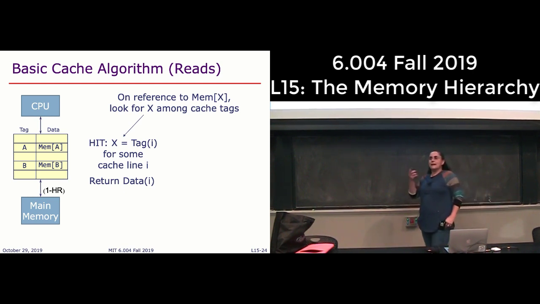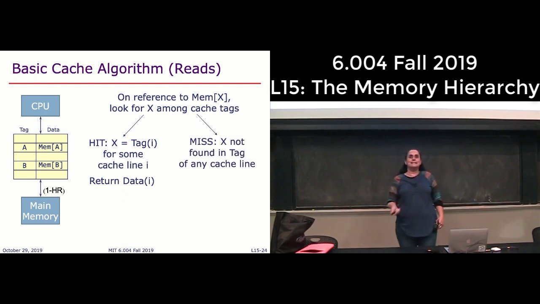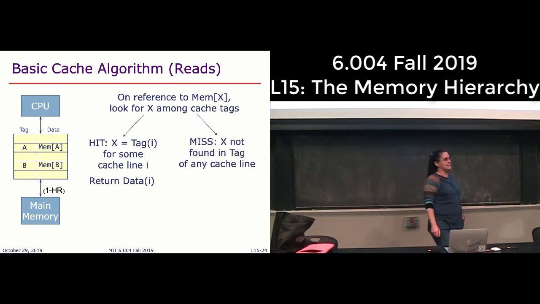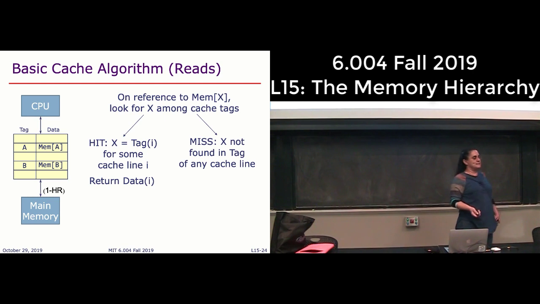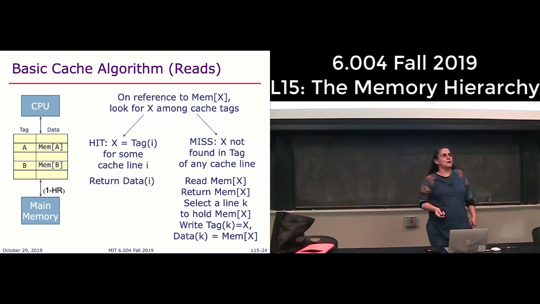Alternatively, however, if I look through my entire cache and I didn't find X in any of the tags, that means that I got a miss. And so now, if I got a miss, I have to go fetch that location from main memory. So I'm going to do the following. I'm going to first read the value of address X from main memory. I'm going to return that value because that's what my CPU is waiting for.